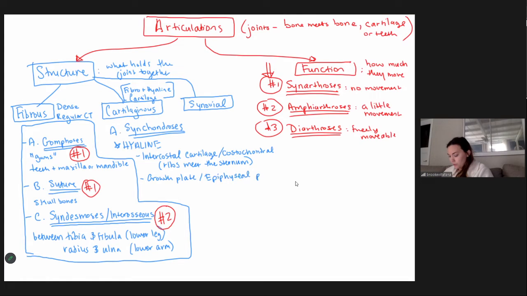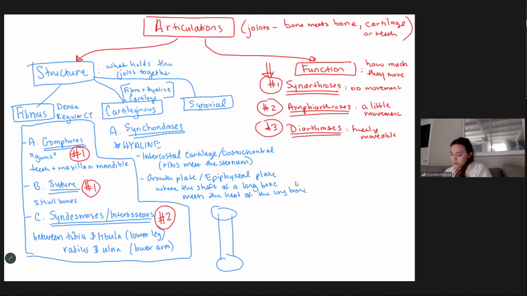Okay, the growth plate or the epiphyseal plate is where the shaft of a long bone meets the head of the long bone. So we can kind of draw it, right? This is like our shaft of the long bone, and then it has 2 ends.